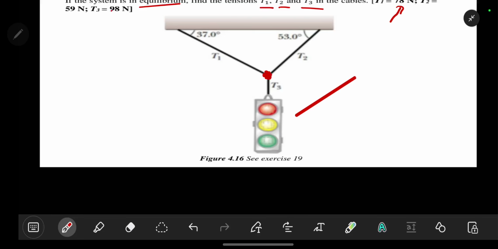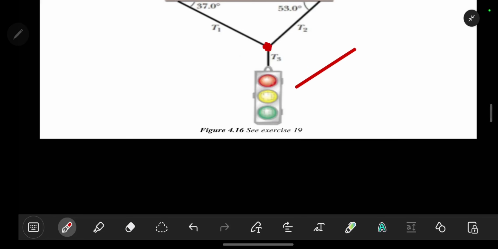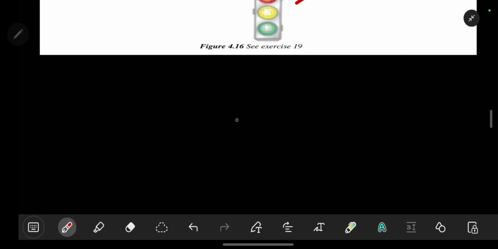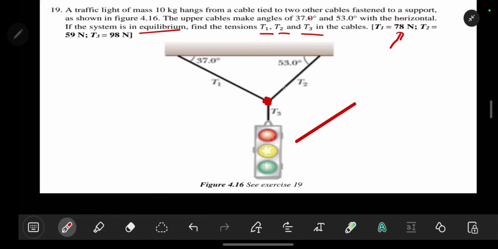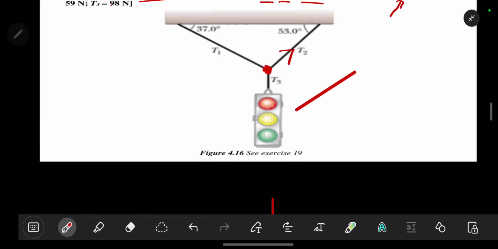Never forgetting vectors, we are going to draw the Cartesian plane, the XOY plane. According to the Cartesian plane, we have a force going in this direction. We have one going straight down, which is our T3.